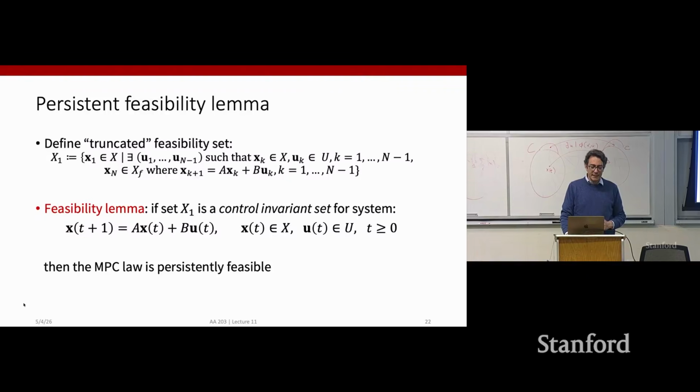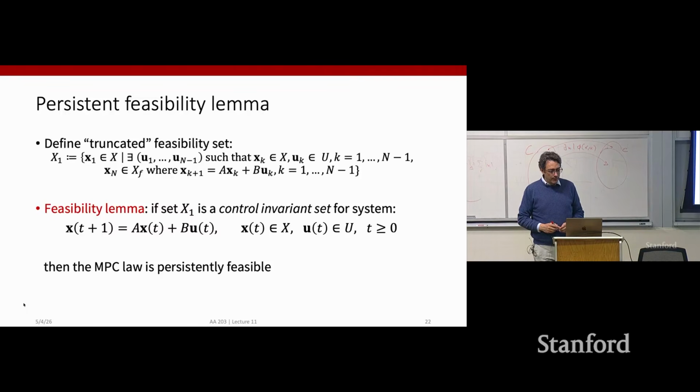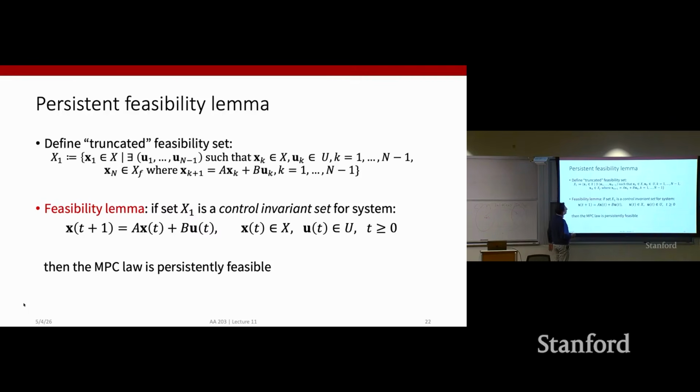All right, so let's get to the first useful result related to feasibility, which is as follows. So let's define X1 as the truncated feasibility set. So the set of states for which the problem, now solved over a horizon N-1, is feasible.